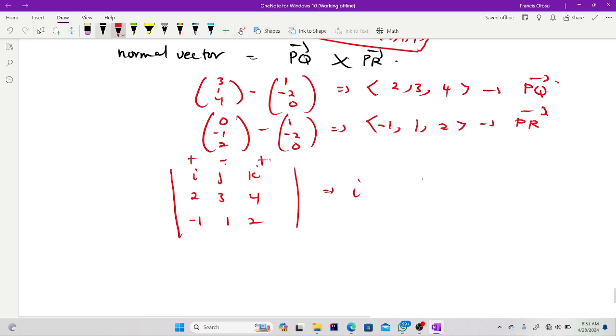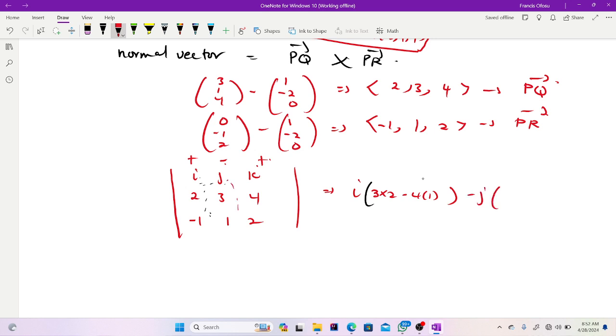When I take i, it's positive. I open the brackets. This one will take all this away and I'll be left with this 2 by 2 matrix here, 3, 4, 1, 2. So I'll simply write the determinant of this 2 by 2, which is 3 times 2 minus 4 by 1.